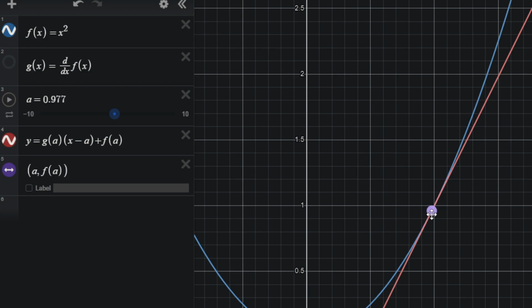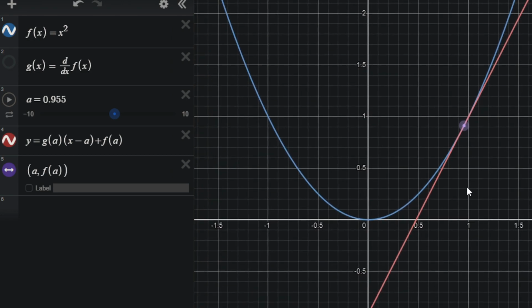Okay, so at 0, that's kind of where it's flattening out. So maybe we would assume that the slope of the tangent line would be 0 because it would be an exact horizontal line once again. And you could show that algebraically. You can show that the line y equals 0 intersects the function f of x equals x squared at exactly one point, which is at 0.